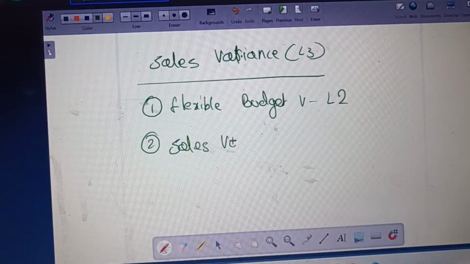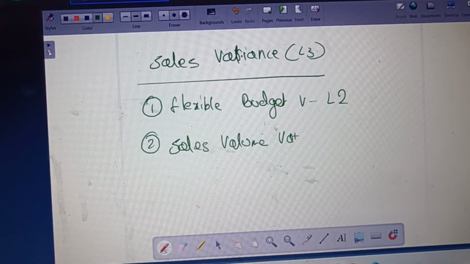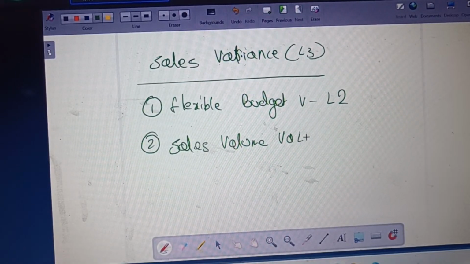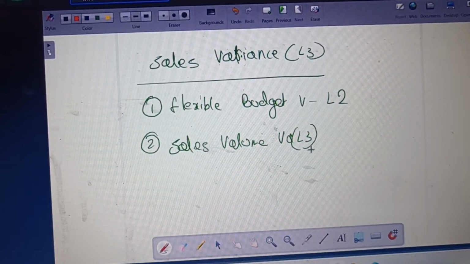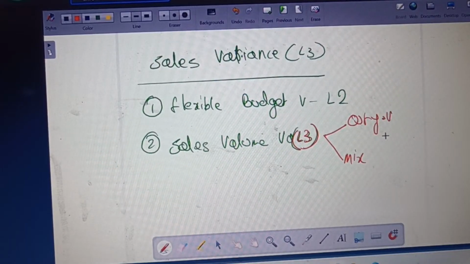Don't confuse this with level 1. Level 1 sales volume variance is between flexible budget and static budget. This is level 3. In this, we have quantity variance and mix variance.